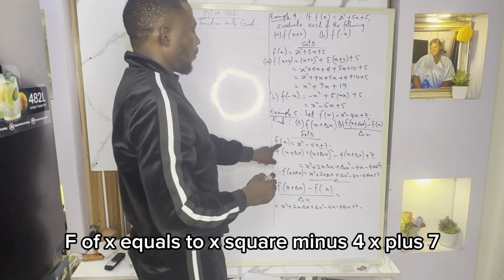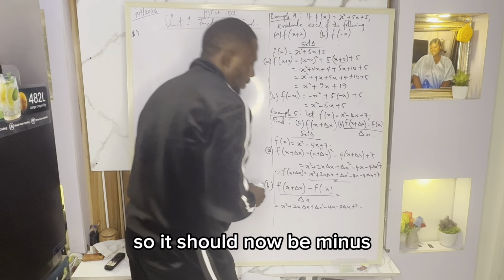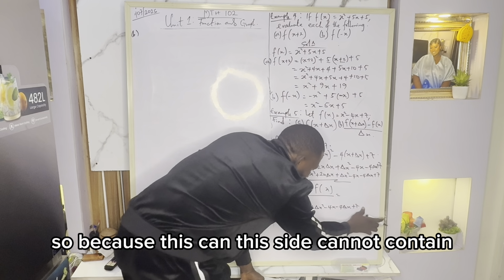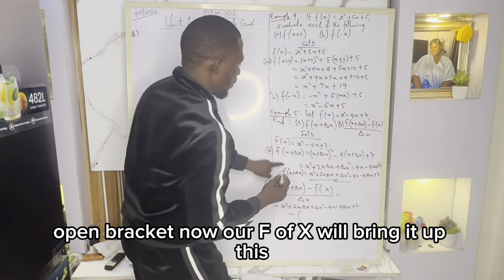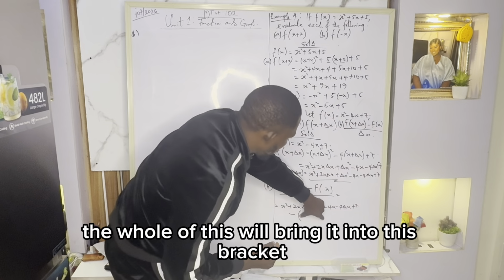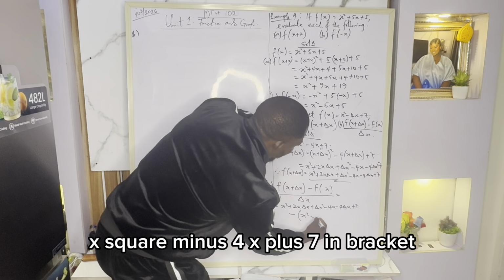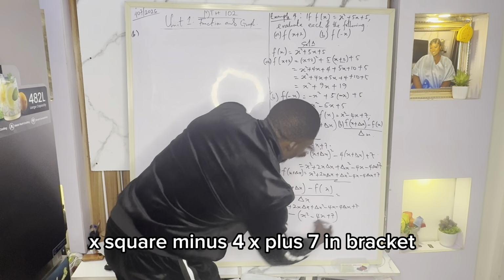The question is f of x equals x squared minus 4x plus 7. So it will now be minus, open bracket. Permit me to write it down here, because this side cannot contain. Our f of x, the whole of this, we will bring into this bracket: x squared minus 4x plus 7, in bracket.